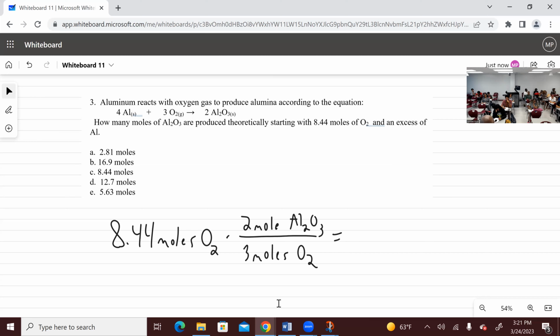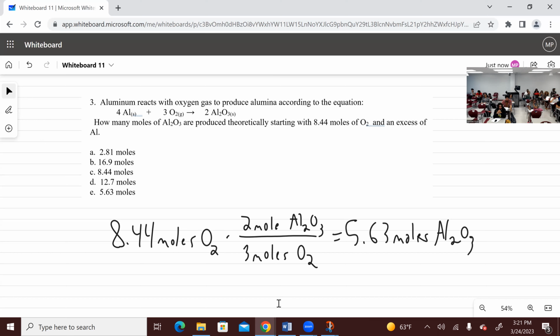So I'm going to multiply by 2, divide by 3. Of course, that's 2/3, which is 0.666666667. So 8.44 times 2 divided by 3, I end up with 5.63 moles of Al2O3 because moles of oxygen cancel out.